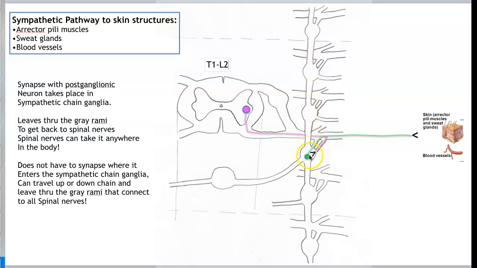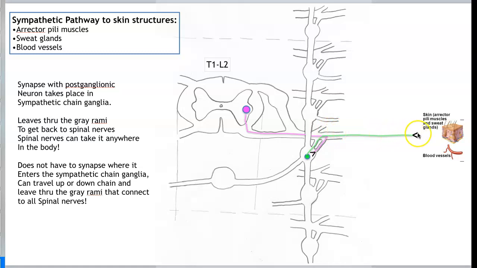So we're going to synapse with our second visceral motor neuron. We're going to release acetylcholine, and then this postganglionic axon is going to leave through the gray ramus, and now he's on the spinal nerve.